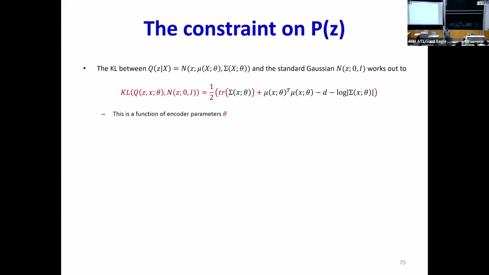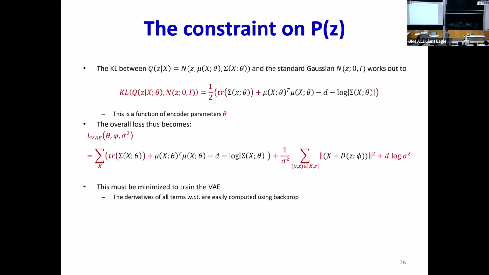So for that, we have a formula. And so if you look at the overall loss, the overall loss is this guy. This is the negative log likelihood of the output of the decoder computed on samples drawn from Q. And this is the average KL divergence between the Qs and the standard Gaussian. So the loss has only two terms.